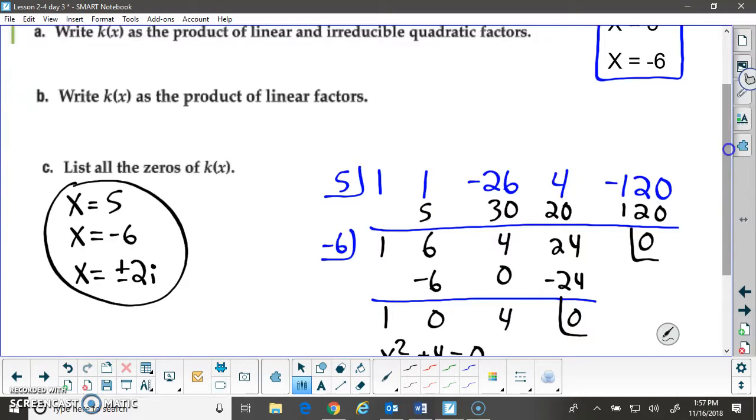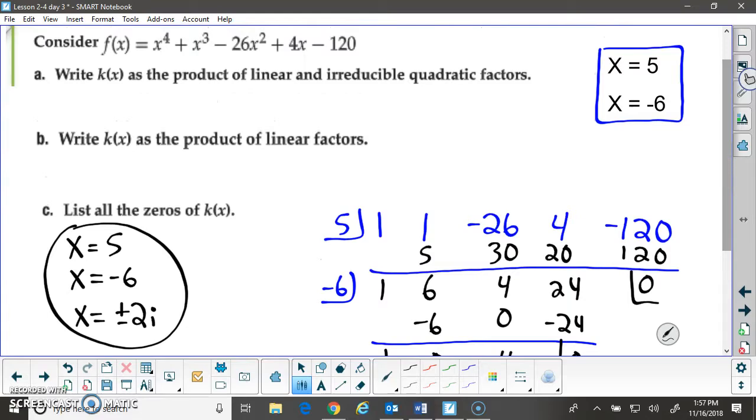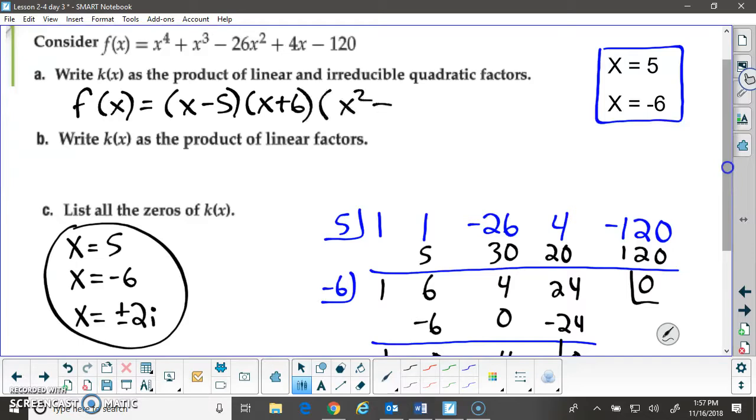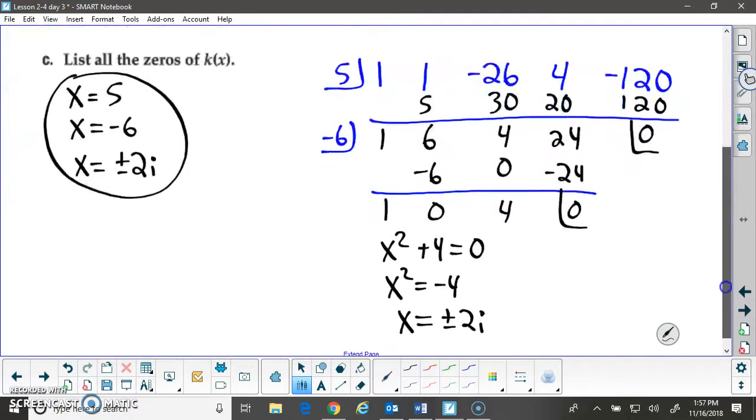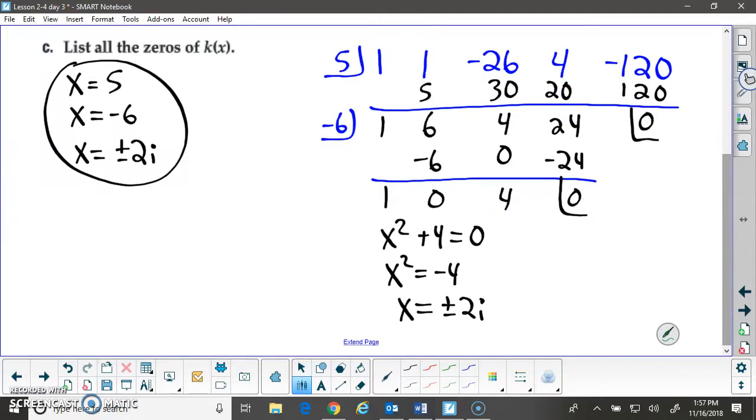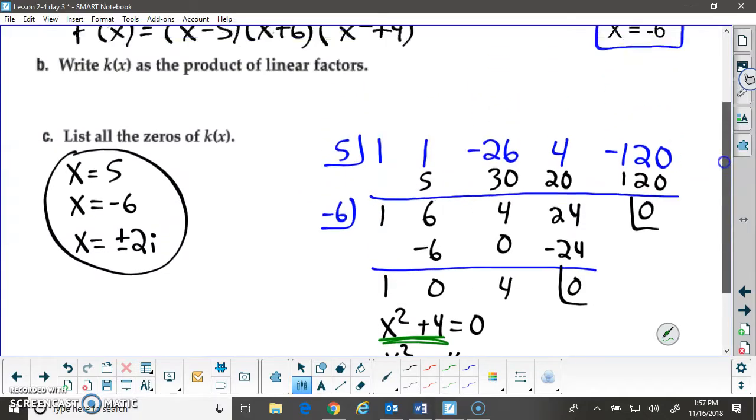So then as we go to part A, to write this function, we need to have an x minus 5, we need to have an x plus 6, and then we'll need to have an x squared plus 4. That's the irreducible quadratic factor that was given at the end right here from using the synthetic division.